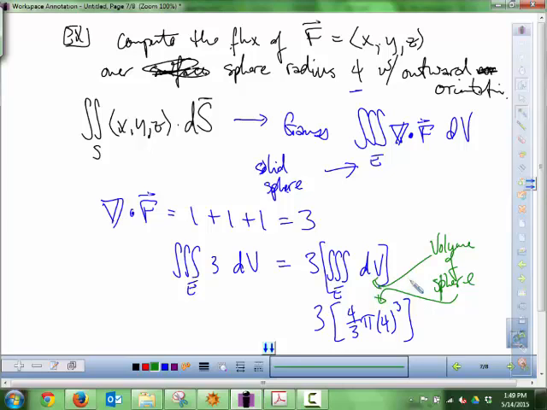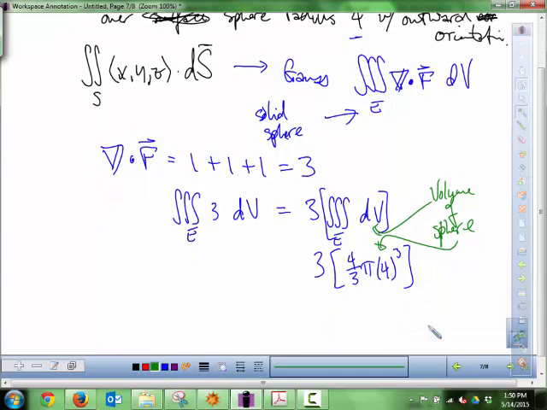So our triple integral, usually triple integrals seem like really scary and hard, but in this case, the div happens to be a constant that you could take out, and now we just have the volume of the sphere, which we just rely on a simple formula to figure out, and then we get this. So this is our answer.